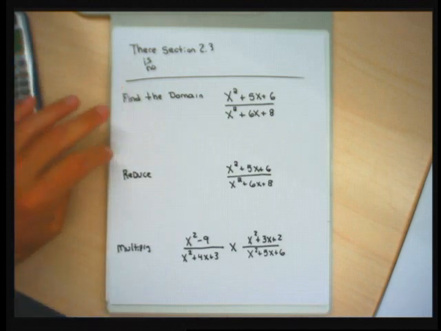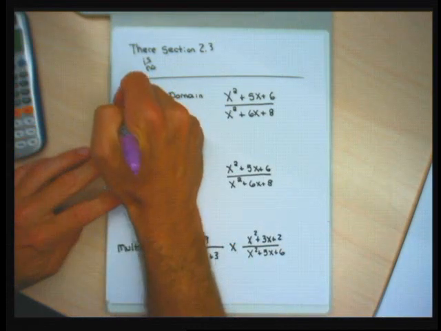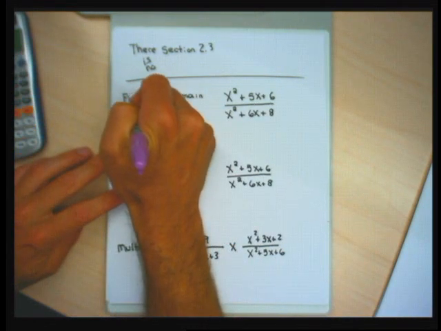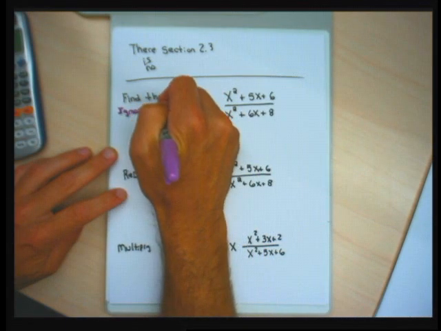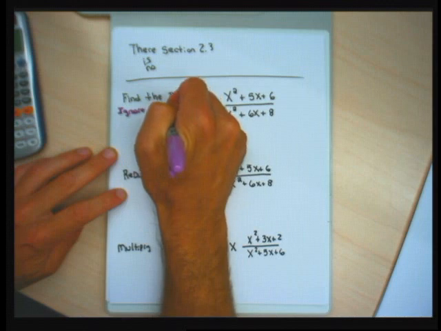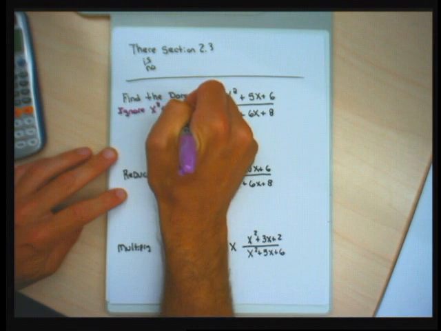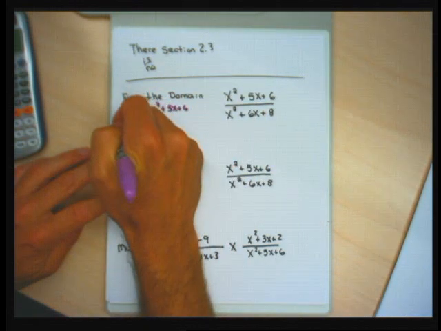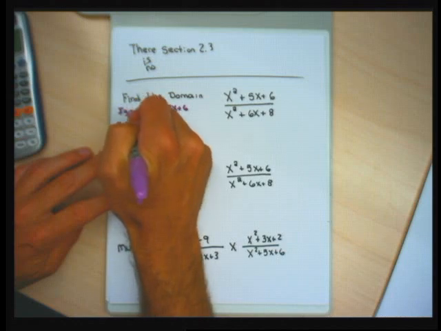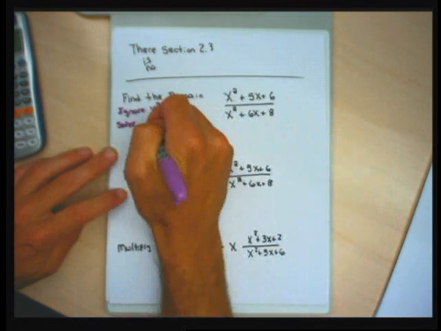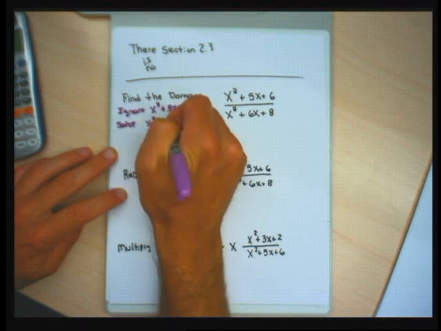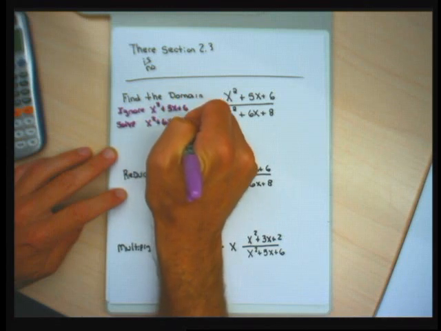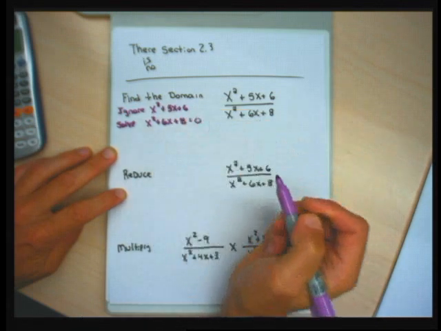When I ask you to find the domain, you should hopefully know that you have to ignore the numerator. So I'm going to ignore that x squared plus 5x plus 6. I'm going to solve the denominator equal to 0 to get the numbers that are going to be important in my answer, but it won't be the entire answer.